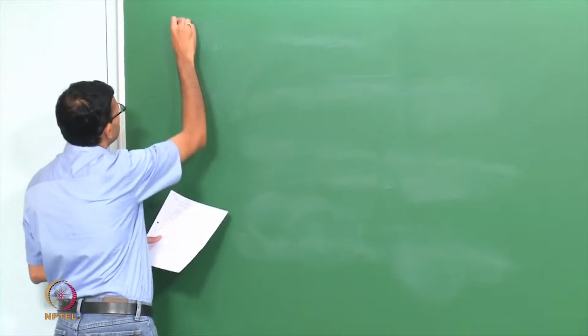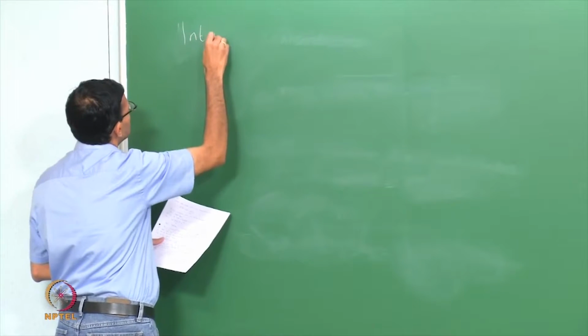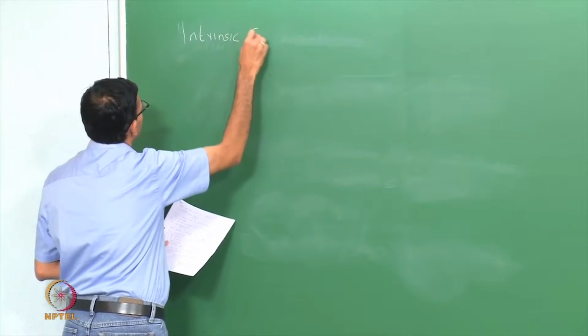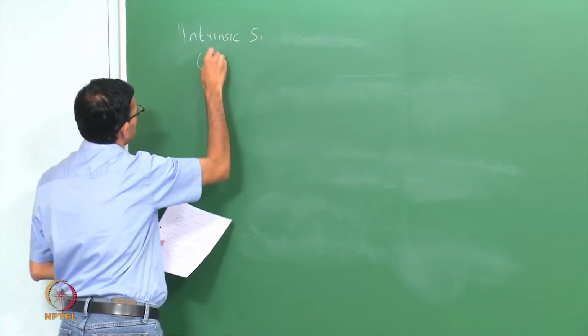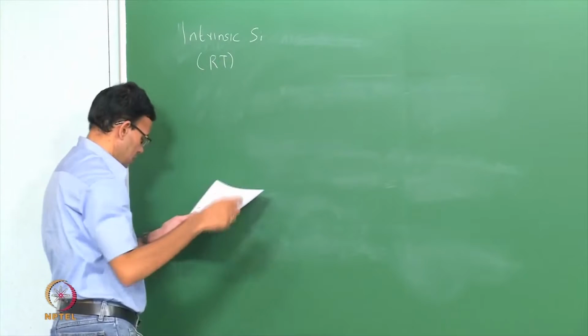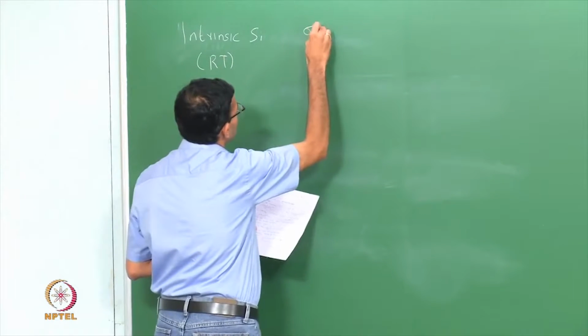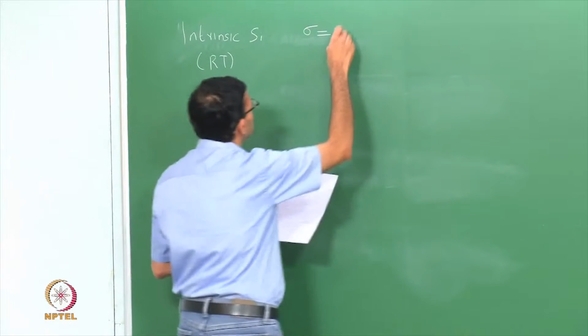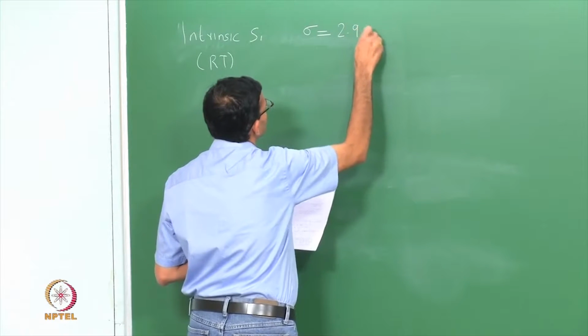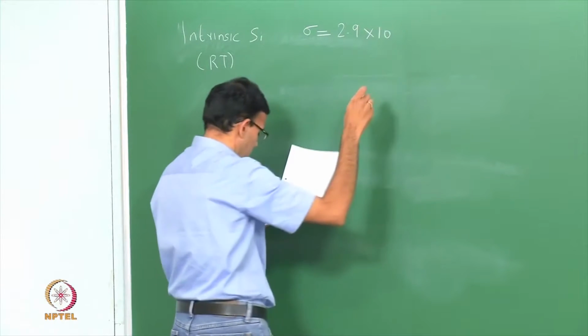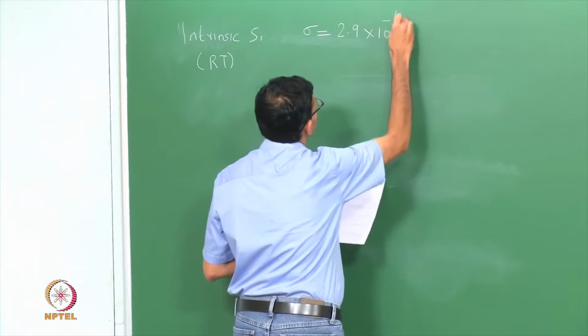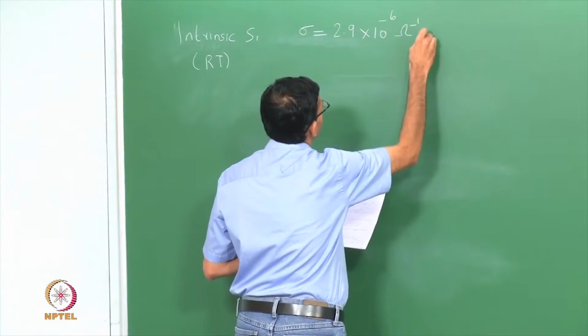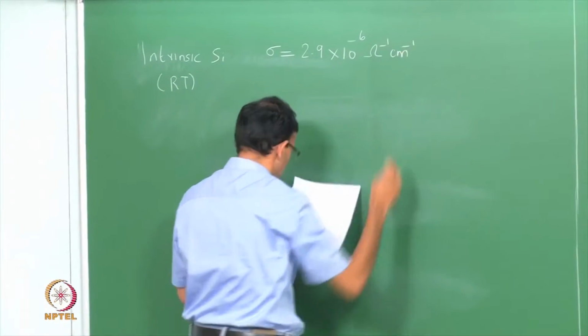If you have intrinsic silicon at room temperature, the conductivity sigma which we calculate is 2.9 times 10 to the minus 6 ohm inverse centimeter inverse.